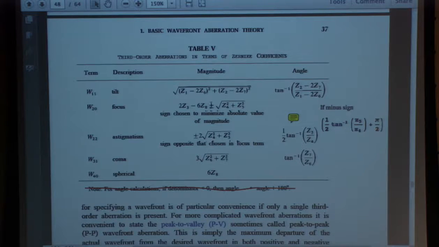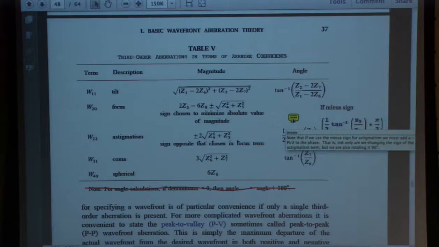Now, depending on what sign we pick here, then we have a little bit of difference down here in the astigmatism. And if we pick a plus sign there, then we have to have a minus sign down here. And then I hate to say it, but I have an error in this book chapter: if we pick the minus sign down here, then the angle is actually 1/2 arctangent of Z5 over Z4 plus pi over 2.